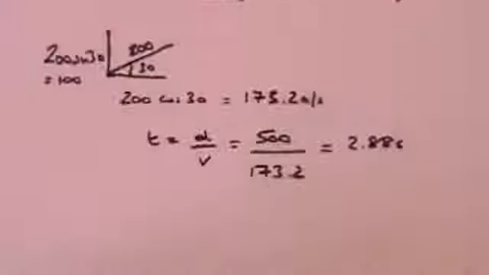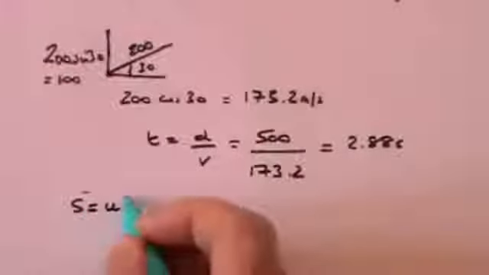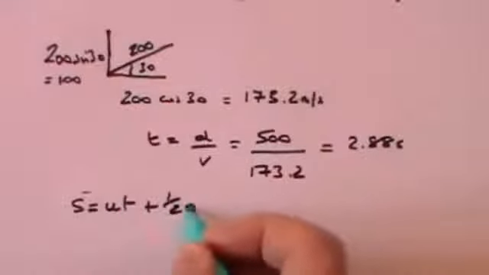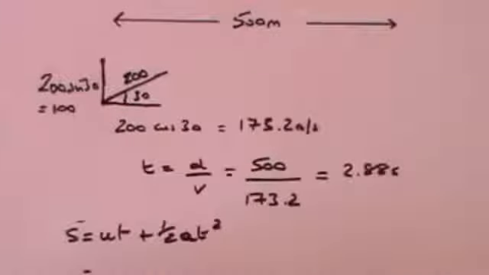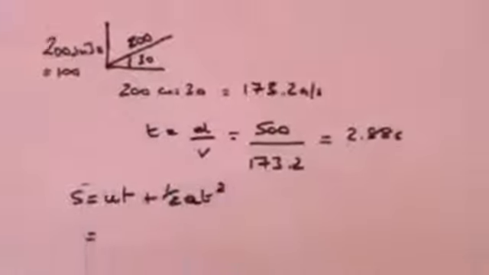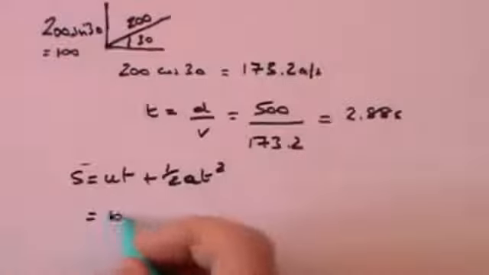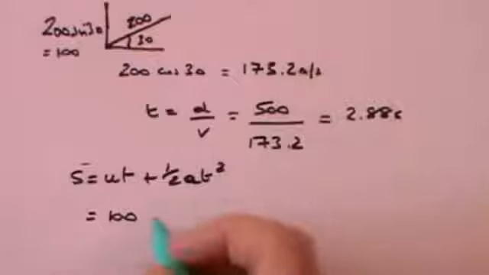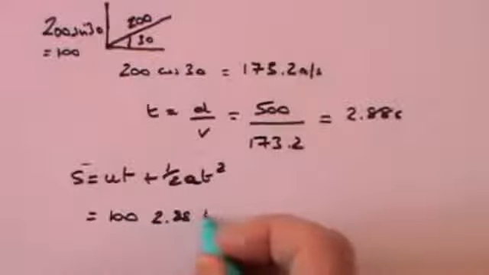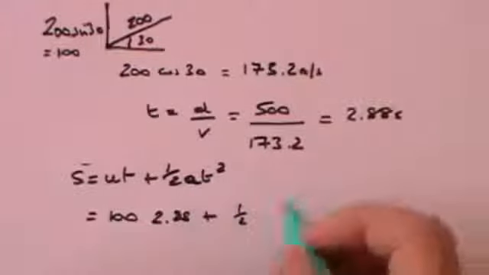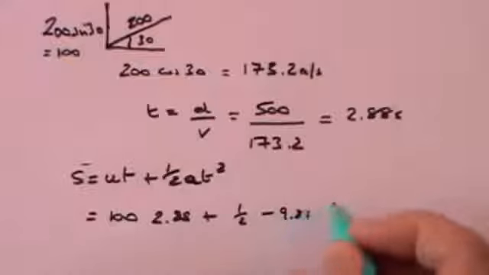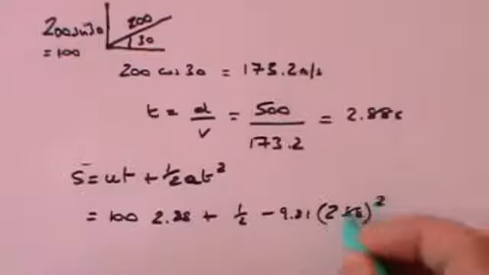For that we need the equation s equals ut plus a half at squared, and that's going to equal ut. The vertical velocity, remember we calculated, was 100, so u is 100, times t, which we just calculated, 2.88, plus a half times a, which is acceleration, acting downwards, so that will be minus 9.81, times t squared, which is 2.88 all squared.